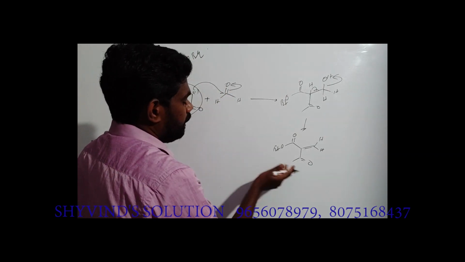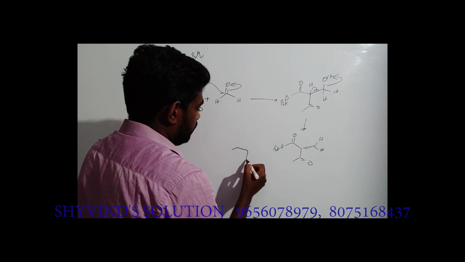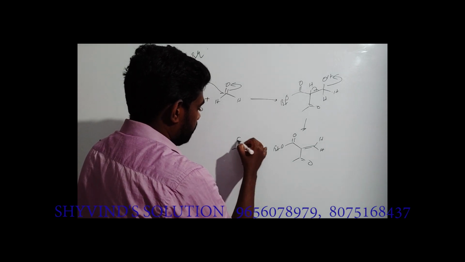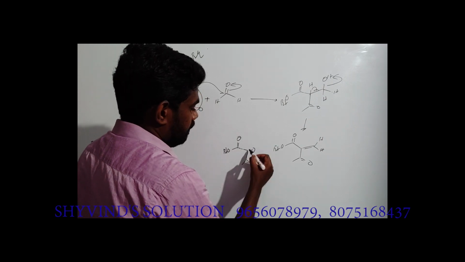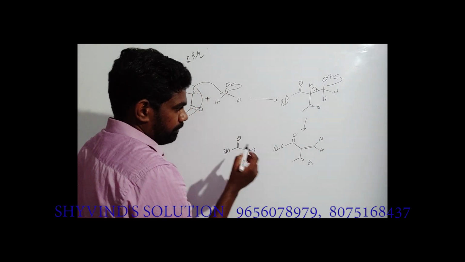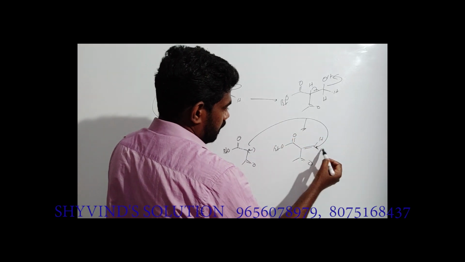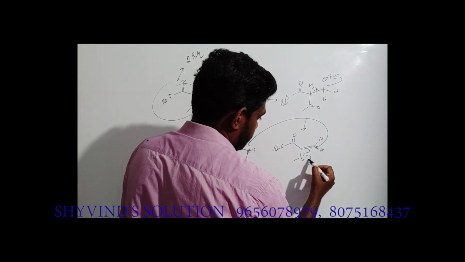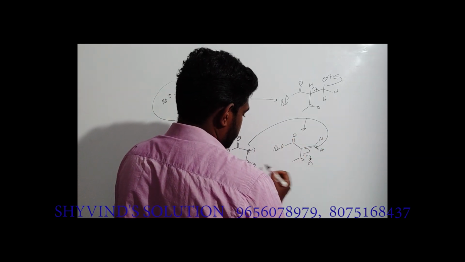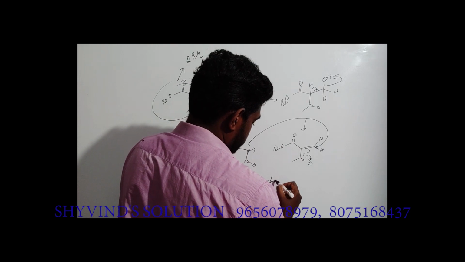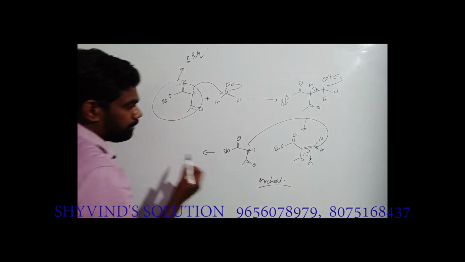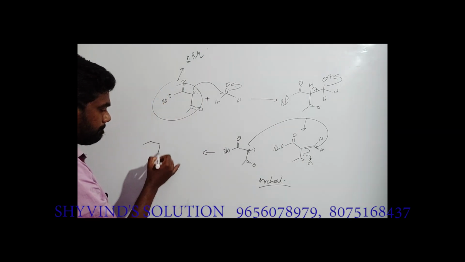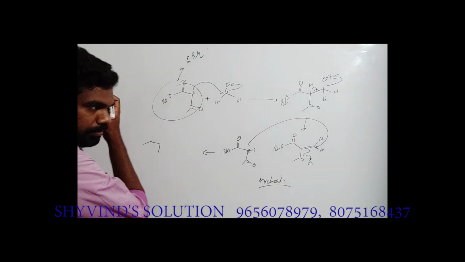One molecule has already reacted, so we now treat another molecule. Again the base will remove this proton in basic medium and it will attack like this. This is a 1,4 addition, known as Michael addition. So the product is like this.